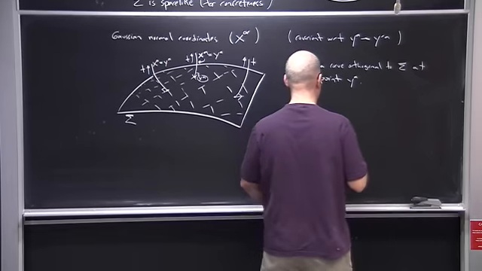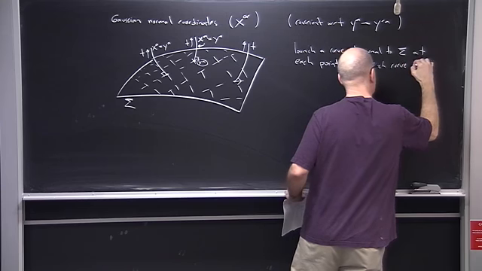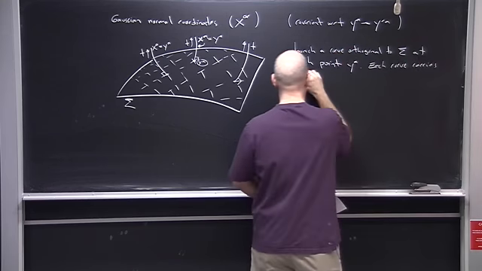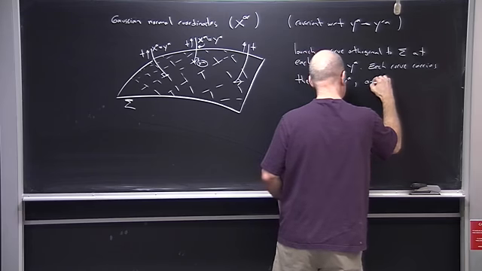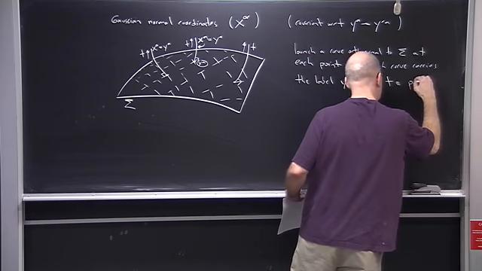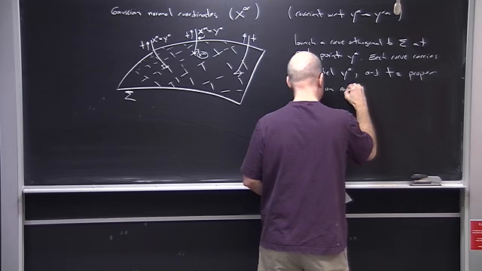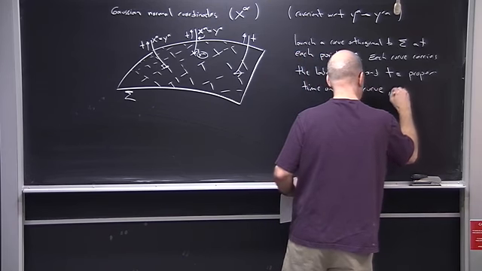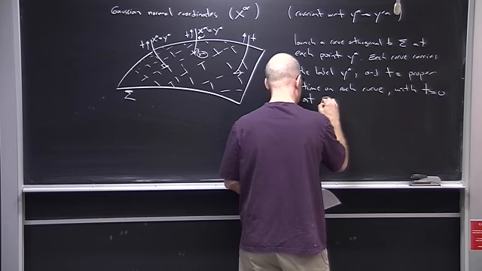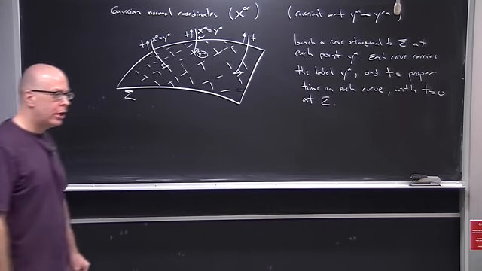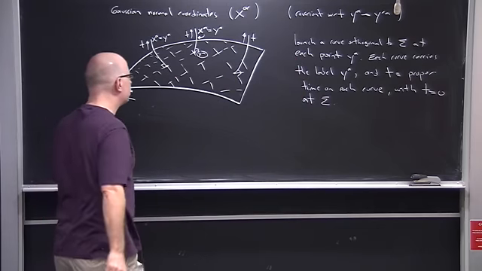So each curve carries the label y^A, and t is proper time on each curve with t equals 0 set at sigma. So we launch the curves with t equals 0, and as we go up the curve from the hypersurface, t increases.